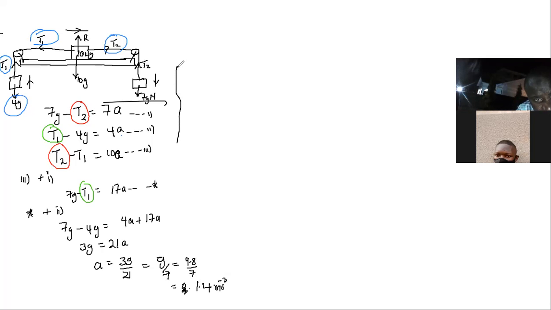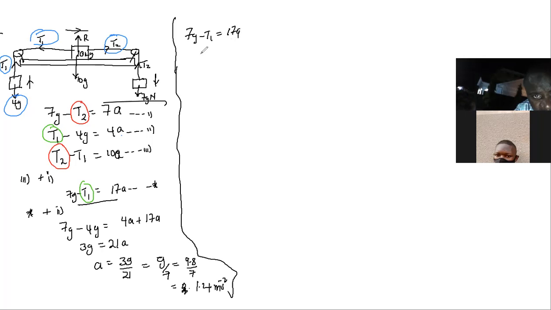So having gotten the acceleration, we can come here and make T1 the subject. For example, 7G minus T1 is equal to 17A. So T1 is equal to 7G minus 17A. But you have attained A already.